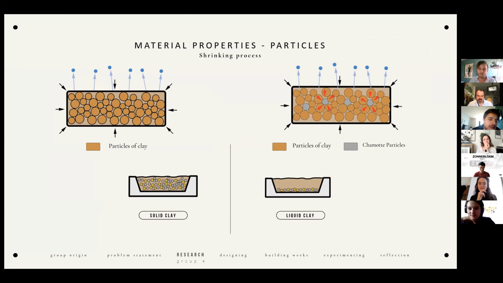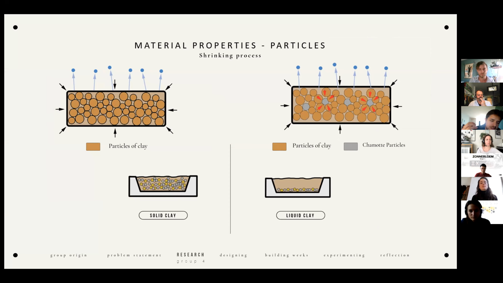As a natural effect, clay releases moisture out of the mold, creating a shrinking process. We wanted to use the same principle, mixing it with different binders to create more porosity in the material. Taking into consideration that we had solid clay and liquid clay, we had to find the perfect material for us.